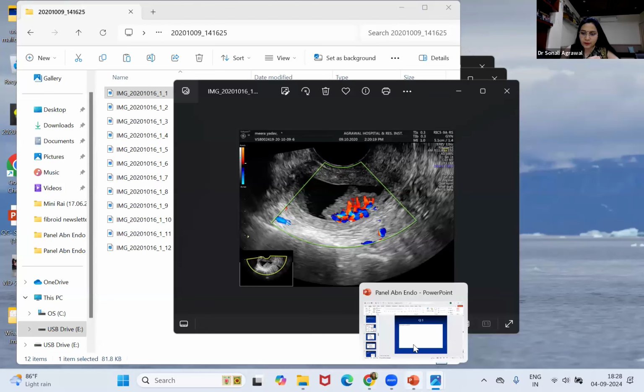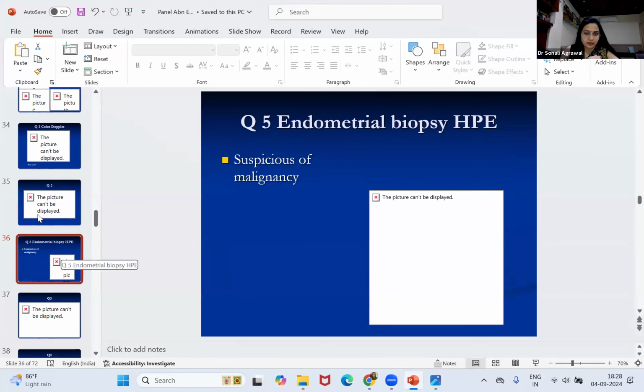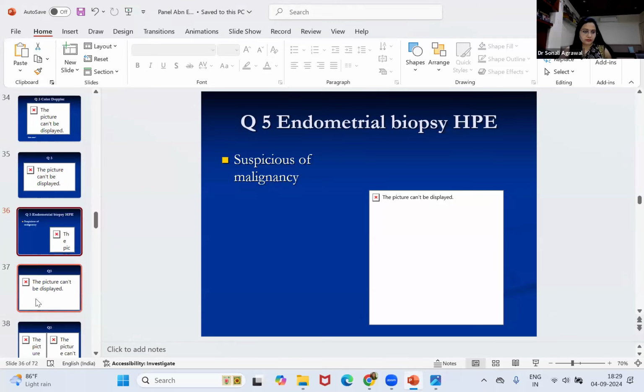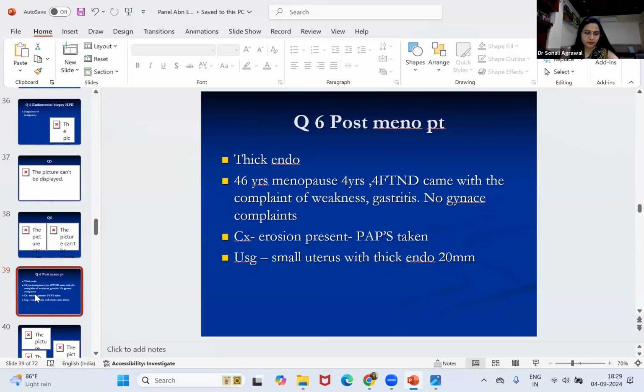So this shows suspicion of malignancy. Then we did hysterectomy, panhysterectomy with lymphadenectomy.